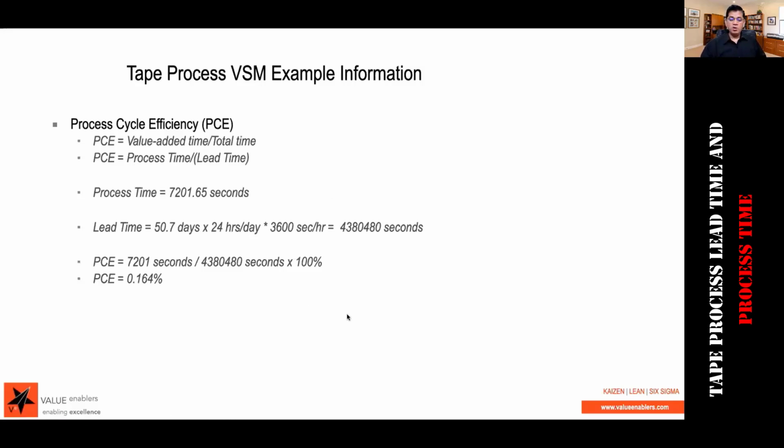If this is clear, on a scale of 1 to 10, give a 9 or 10. Generally, in non-value streams, if you've not done a value stream exercise, your process cycle efficiency is less than 1%. If you've done value stream, even after you do all the improvement projects, there is some research which has said that if you increase by 1% in the value stream, the productivity increases by 10 to 20%.